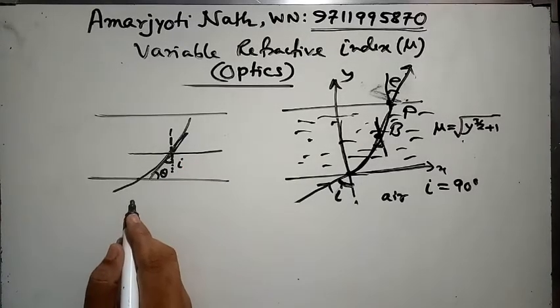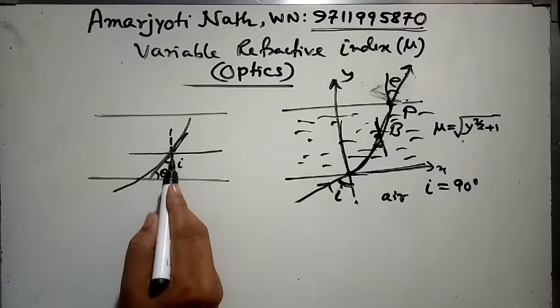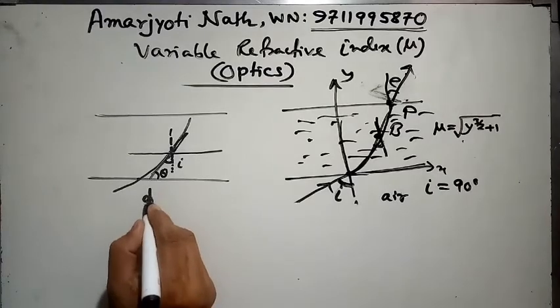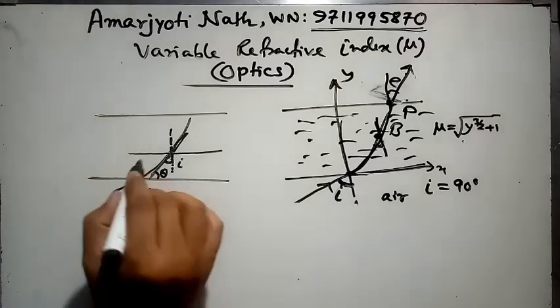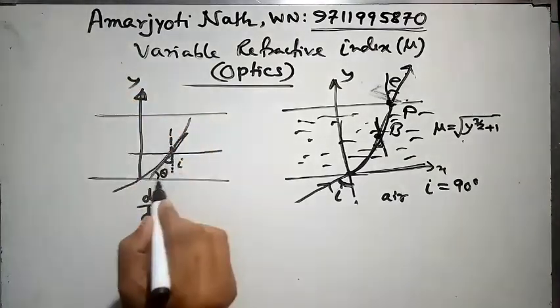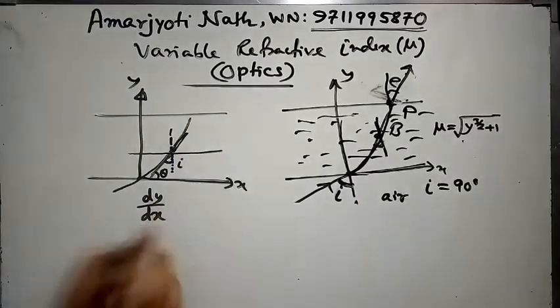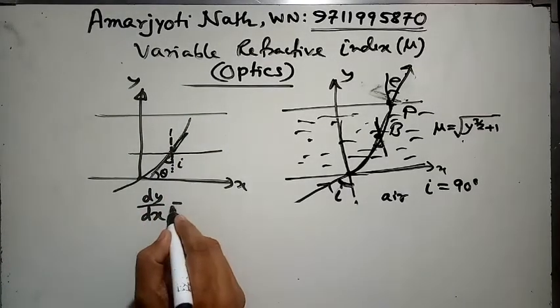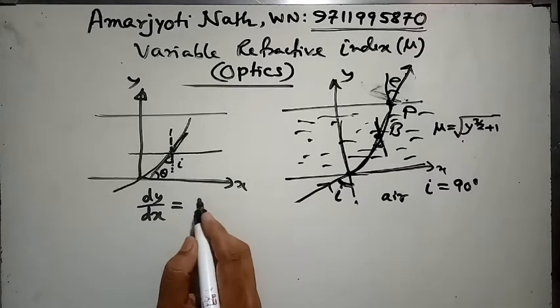Great. So what I can see here is that at this point the slope is dy by dx, because I have assumed that this is the y-axis and this is the x-axis. So dy by dx is nothing but the slope, which is tan theta.